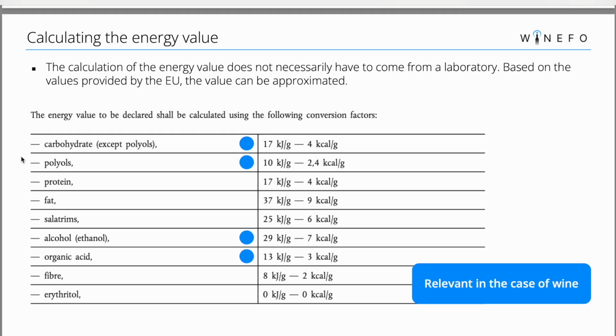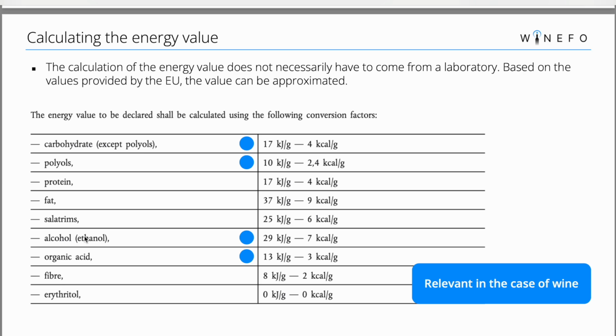So here are, for example, the conversion factors that the European Union allows for the calculation of energy. In reality, with wines, and we'll see next that the actual error margins that the European Union allows are pretty generous, using the carbohydrates, which come to be the sugars, and using the alcohol is more than enough to end up with a good estimate of the energy value of the wine, since this is also the most important part of the nutritional declaration.